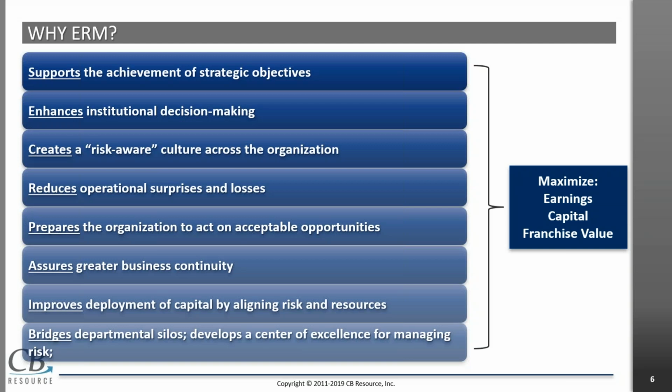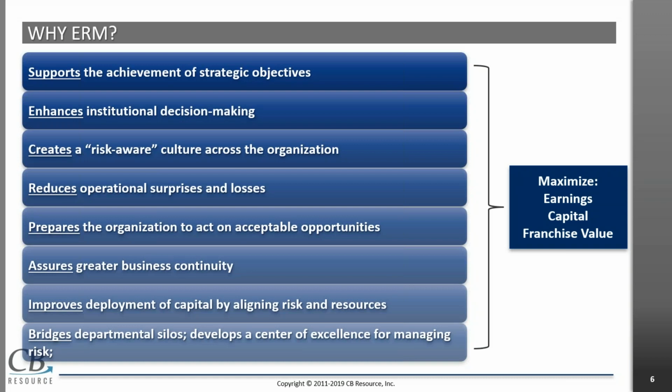If it's working, it should reduce your operational surprises or losses. It should better prepare the organization to take risk associated with your risk appetite. If well implemented, it should create better or more effective business continuity. And ultimately, it should break down those functional silos and help more cross-functional communication.